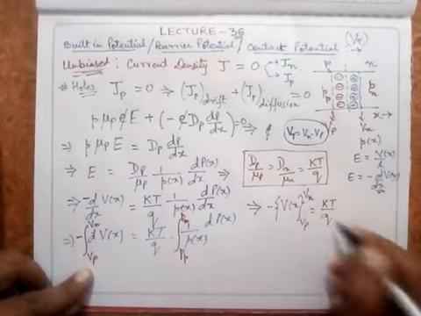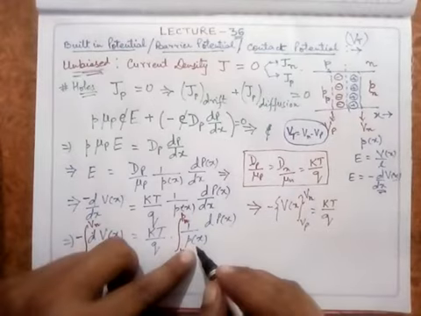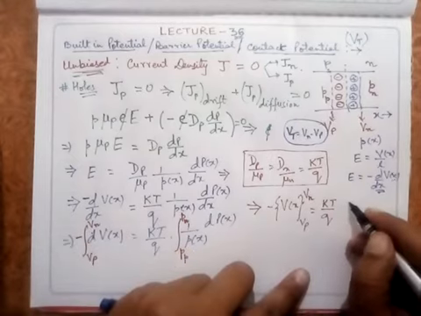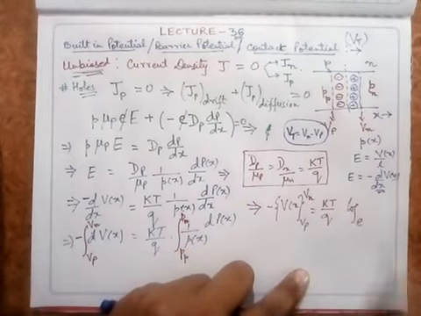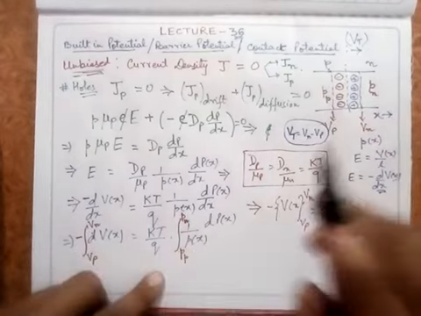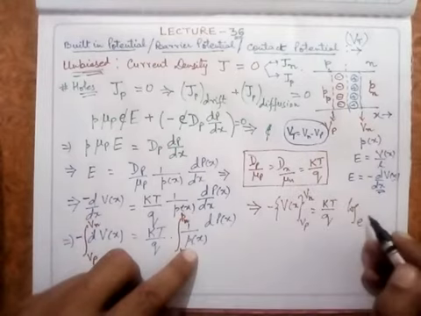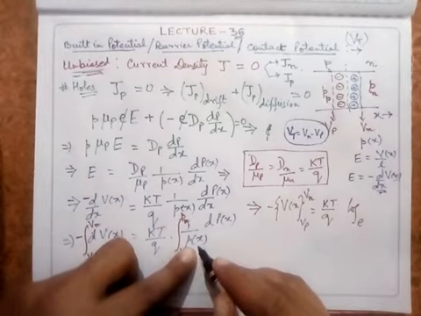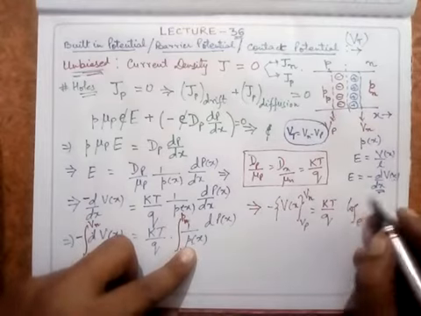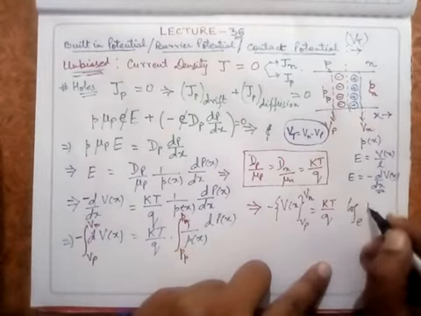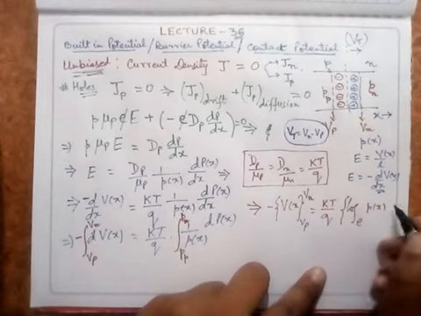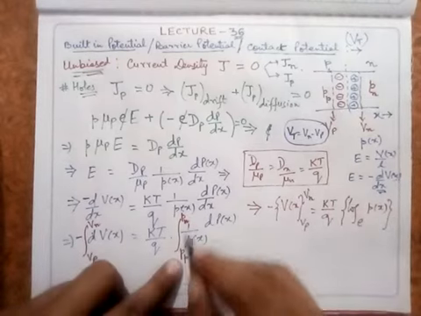equal to kT upon q, dp of dx, 1 upon p(x) dp(x), which will be a log of this much. I can say this is equal to log to the base e, because this growth is exponential, of p of x, with limits pp to pn.